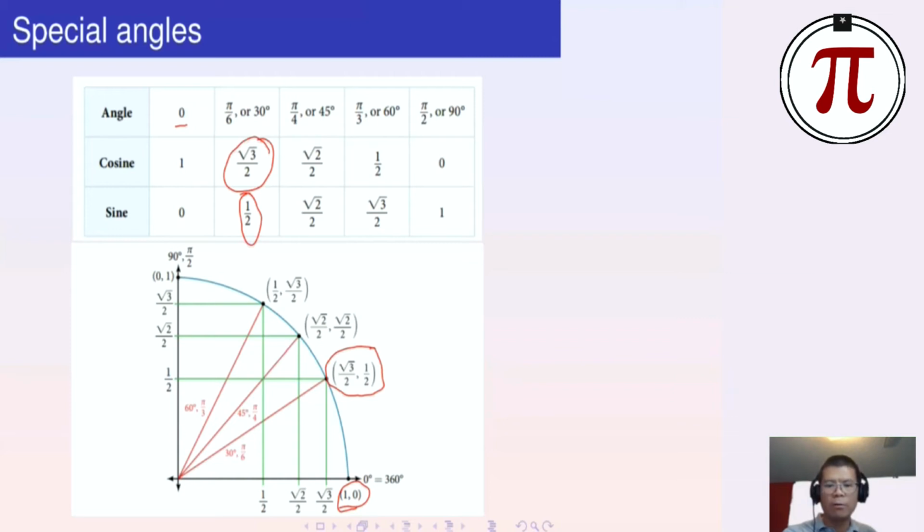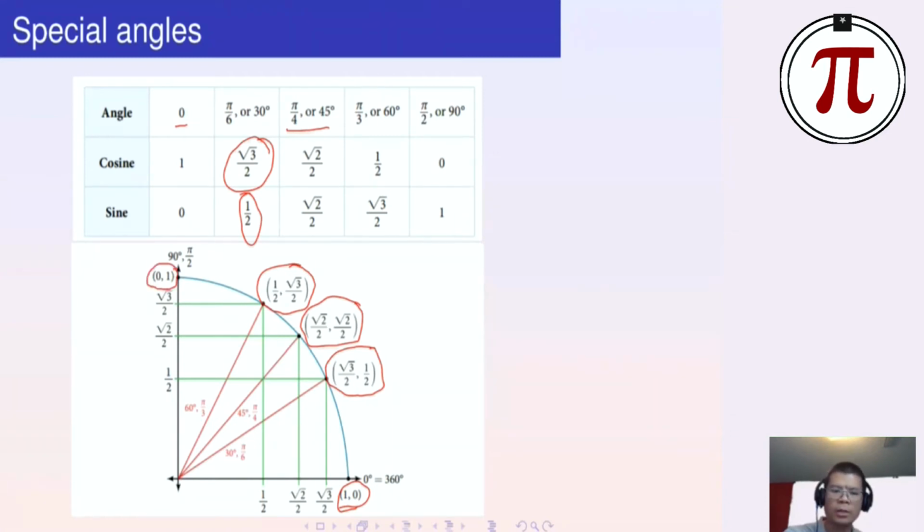And if it is pi over 4, which is here, the x, y coordinates are both square root of 2 over 2. So in this case, the cosine and sine are both square root of 2 over 2. And if t equals pi over 3, then cosine is 1/2, sine is square root of 3 over 2. Finally, if it is pi over 2 or 90 degrees, which is a right angle, then the intersection is 0, 1.